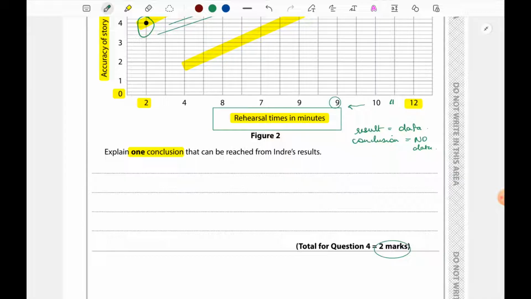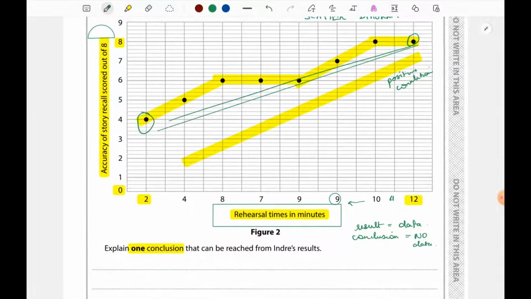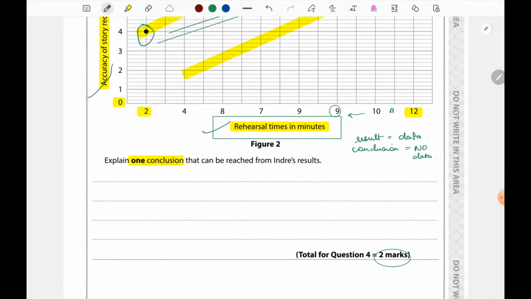Also, they want a conclusion of this particular diagram. So if I just say positive correlation, again it falls in the generic category, which I had explained before. It's not a specific answer. There's no reference to the scenario given. So further, after saying that it's a positive correlation, I will interpret what I mean by a positive correlation with respect to the variables that are given in this diagram. Let's see how to write this answer.